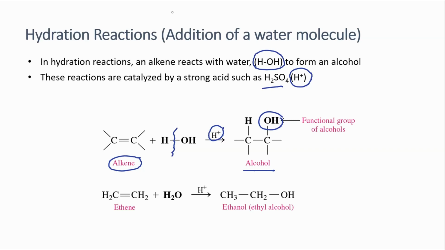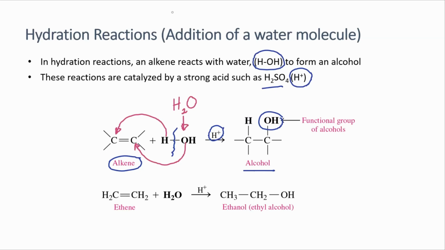The hydrogen atom can bind with one carbon atom, and the hydroxide group can bind with the other carbon atom. So this is the addition of a water molecule. The H and OH came from the water molecule.